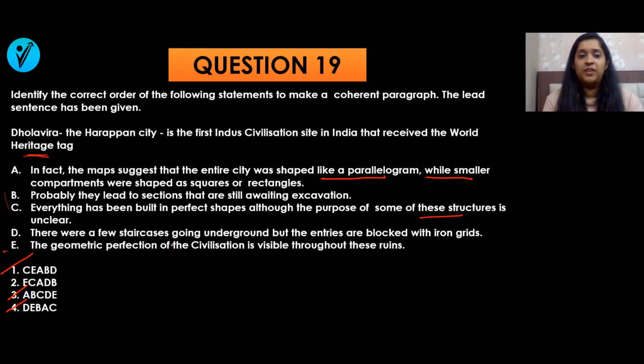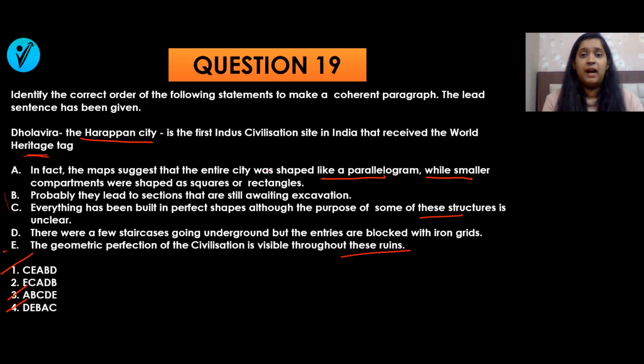The geometric perfection of the civilization is visible throughout these ruins. So again, which ruins? The Harappan city's ruins. So this makes sense after the lead sentence. Everything has been built in perfect shapes. The purpose of some of these structures is unclear.